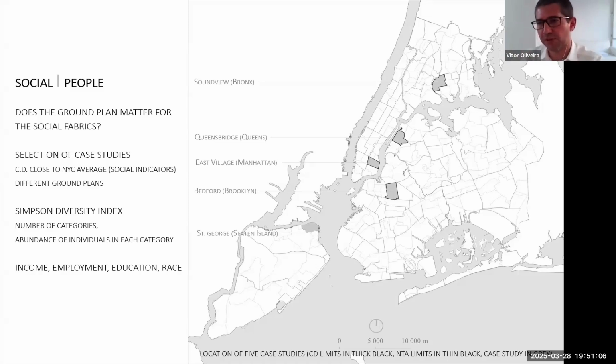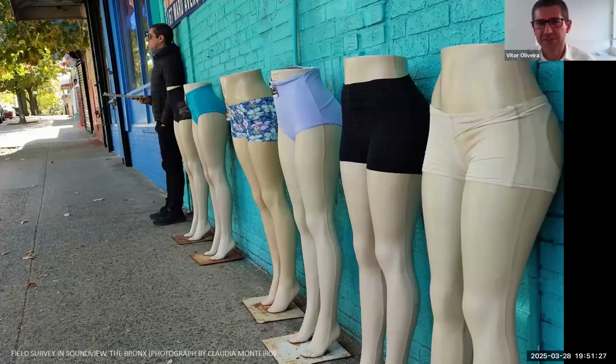This was possible for the Bronx, Queens, Manhattan, and Brooklyn. For Staten Island, it was not possible because in morphological terms of its streets, plots, and buildings, the island is very homogeneous. So this is the researcher in action, counting people in the Bronx.